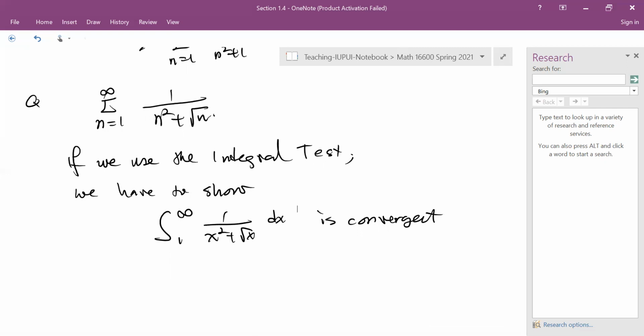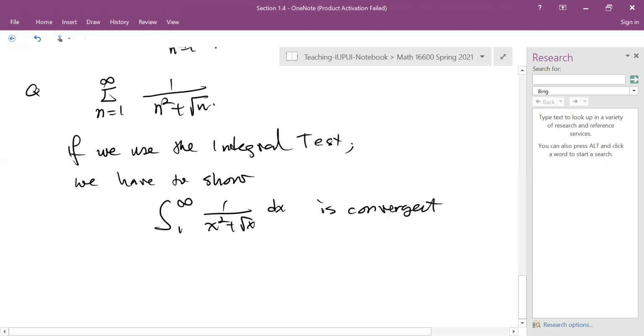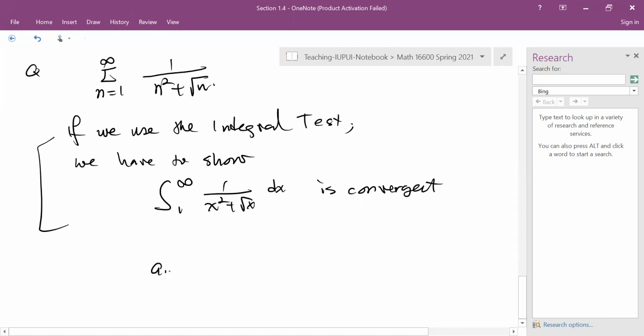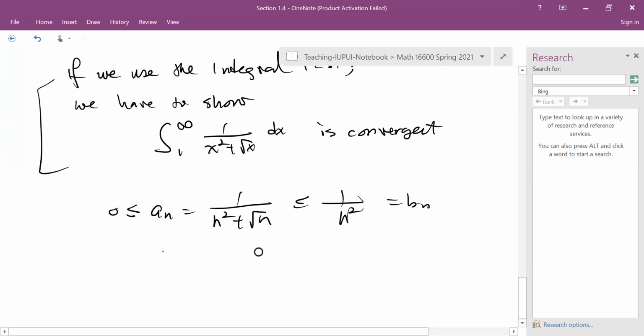Now for integrals, we do have a comparison test too. It's called the comparison theorem. So we don't need to do that. What I'm trying to do here is simplify. This is greater than 0, so just remove the one term in the denominator. If you remove one term in the denominator, you get a p-series, and that's my b_n.